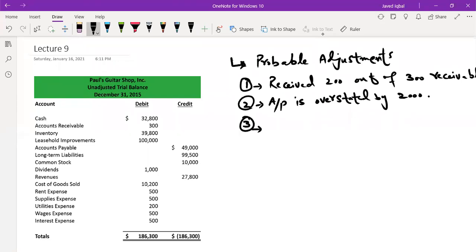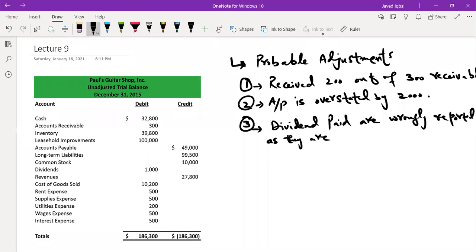Third will be, for example, dividends paid are wrongly reported, as they are actually 300, not 1000.